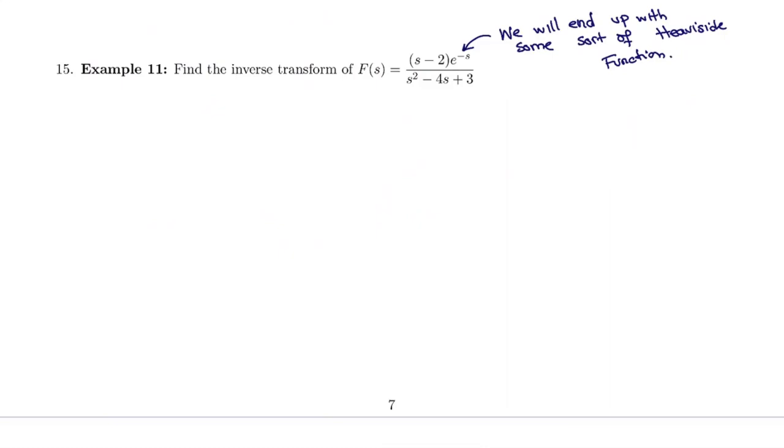And in this particular case, also remember that when I have the e to the minus s times some function, the inverse Laplacian of this is going to equal u with the discontinuity point times the original function shifted by that discontinuity.